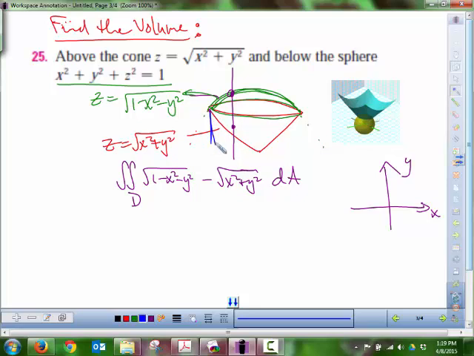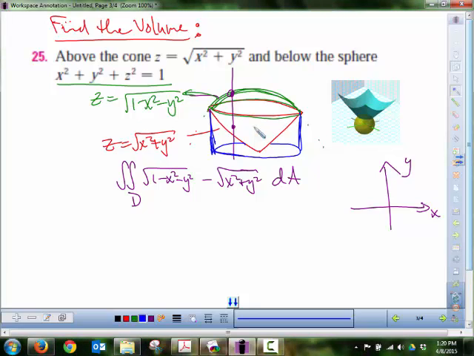So what we want to think about is, imagine that we trim this surface the way I have it drawn, and what we're looking at is the shadow that it has on the xy plane.